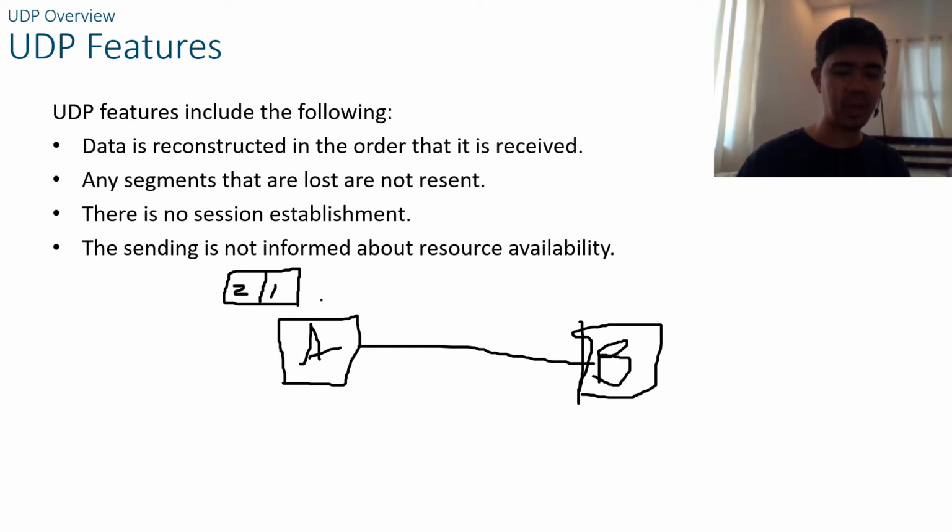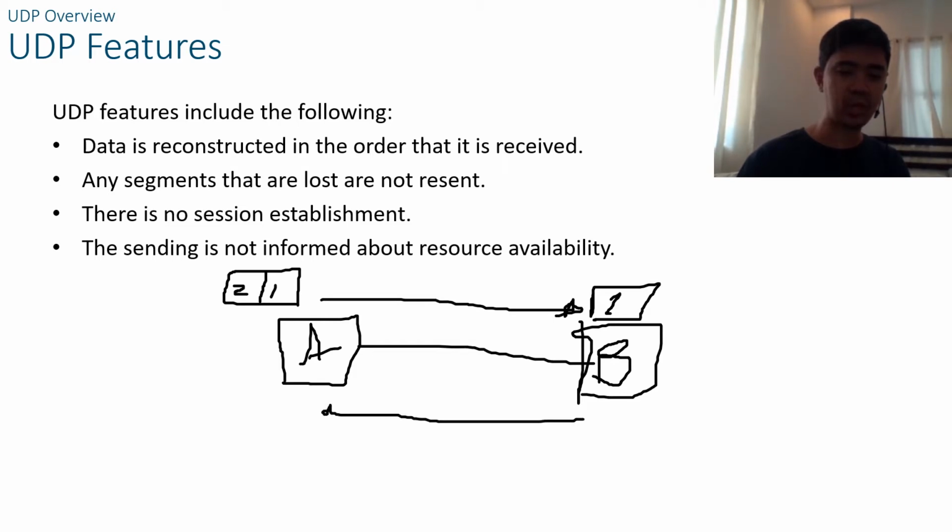Say for example, A will send the first segment. So B receives that, right? So already B has segment 1. Now in TCP, before A will send the second segment, segment 2, B has to send an acknowledgement, an ACK. Okay. Before A can send the second segment.